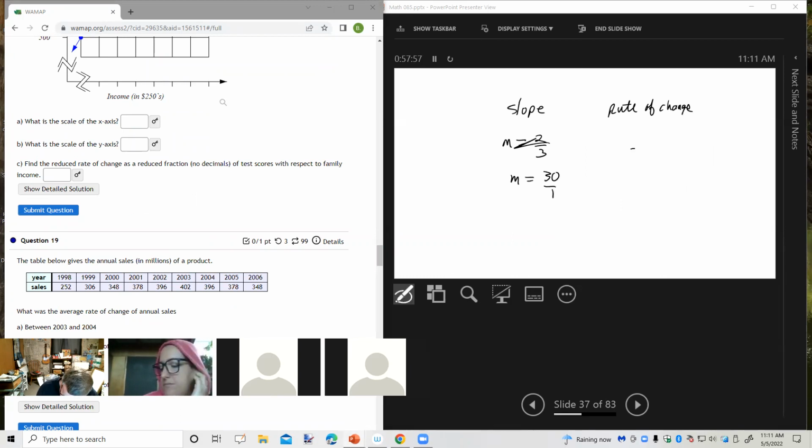A rate of change might be 30 miles per 1 hour. So with a rate of change, think back again to an earlier chapter, a rate has different units. So a rate of change would have units attached.